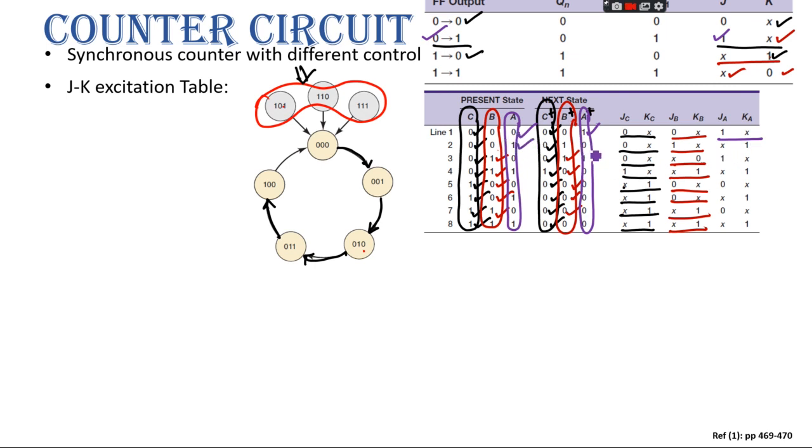Then 1 0 means don't care and 1. 0 1 means 1 and don't care. 1 0 means don't care and 1. Then 0 to 0 means 0 and don't care. 1 0 means don't care and 1. 0 0 means 0 and don't care, and 1 0 means don't care and 1. So you understand how this is happening, right? Yes, sir.